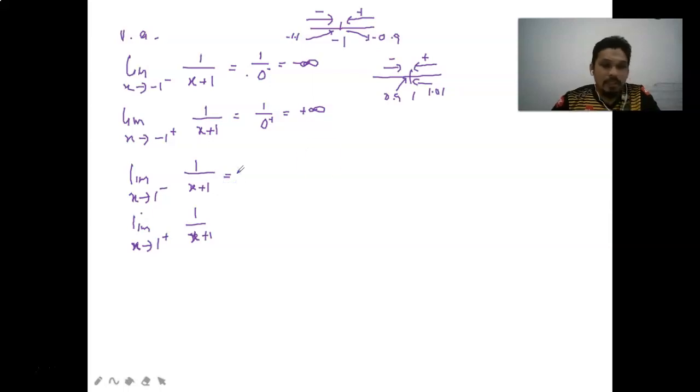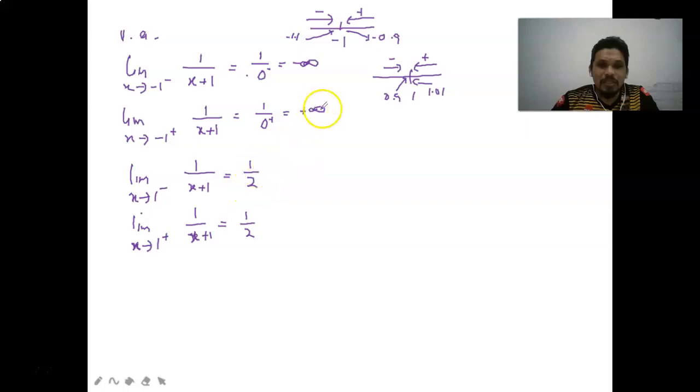So the first one here, when x is approaching 1, 0.9 very close to 1, and then plus 1, it gives us a positive 1 over 2. And also here, 1.01 plus 1, which is approaching 1 over 2. So there is a value here.